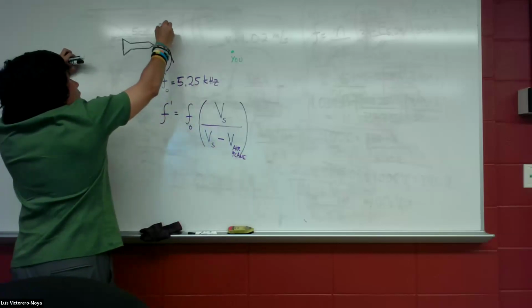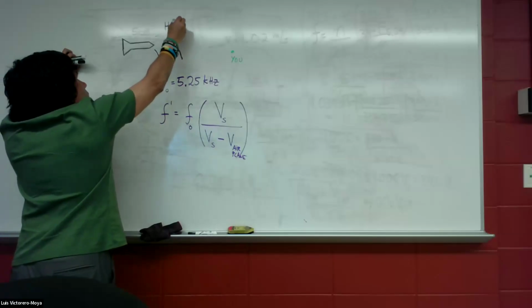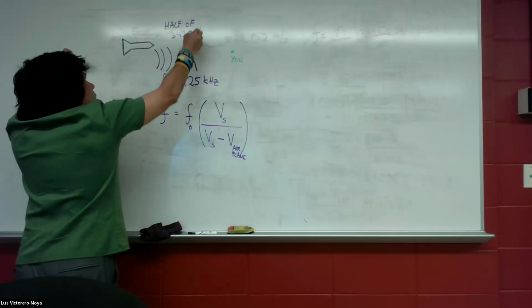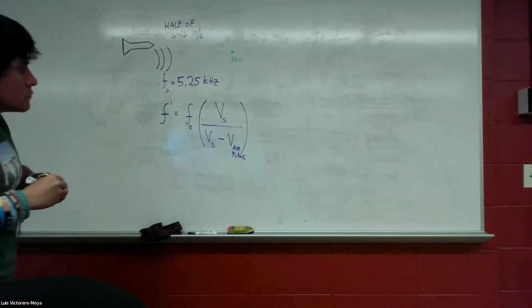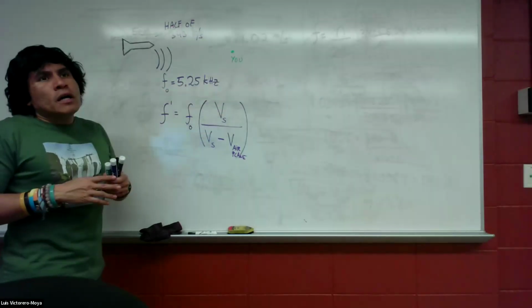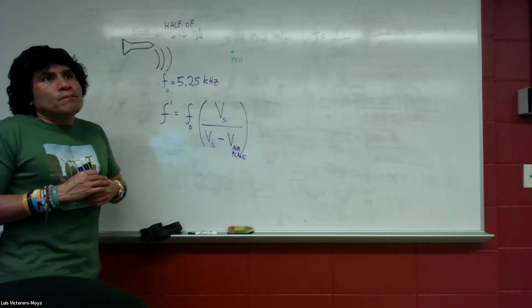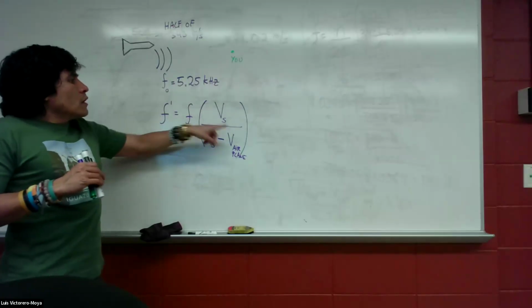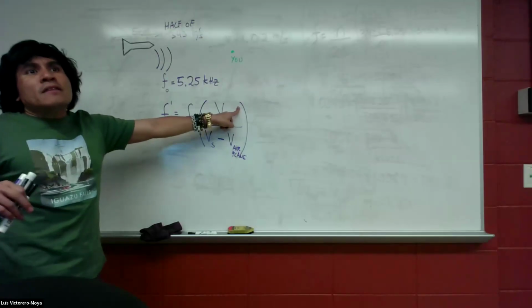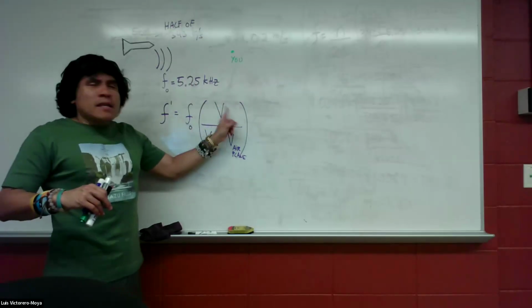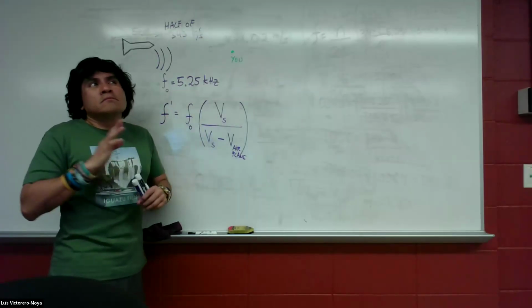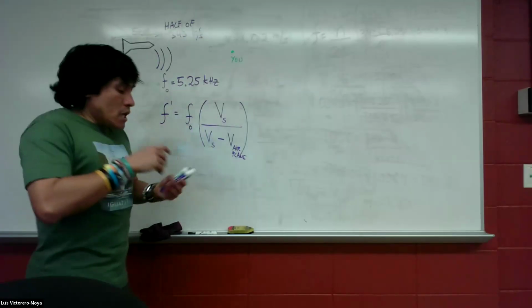Well, this is half of 343. Why nothing here? Because the observer, you, are not moving. If you were moving towards, it would be plus. Remember the insect problem? That was minus because the insect was moving away, in one of the frequencies, the return in the reflector.